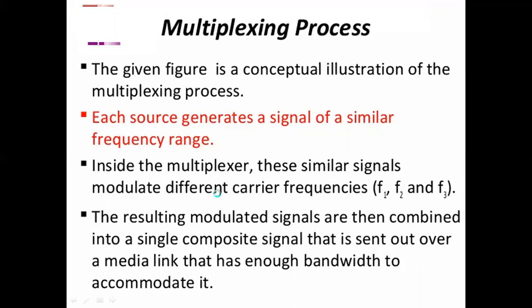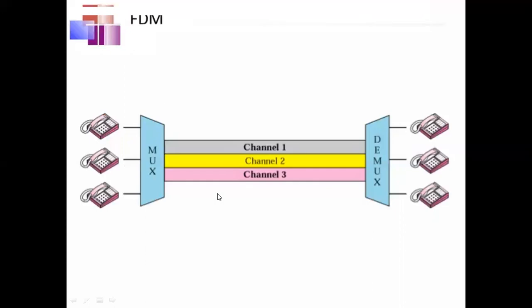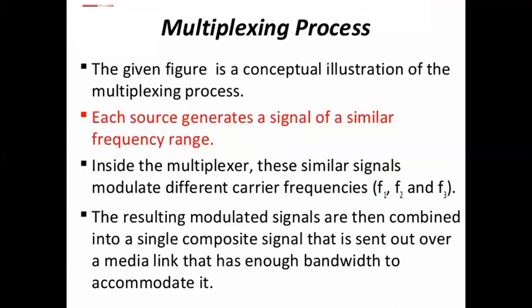In the previous example, each channel has its own frequency, and those frequencies are F1, F2, and F3. The resulting modulated signals are then combined into a single composite signal that is sent over a media link that has enough bandwidth.